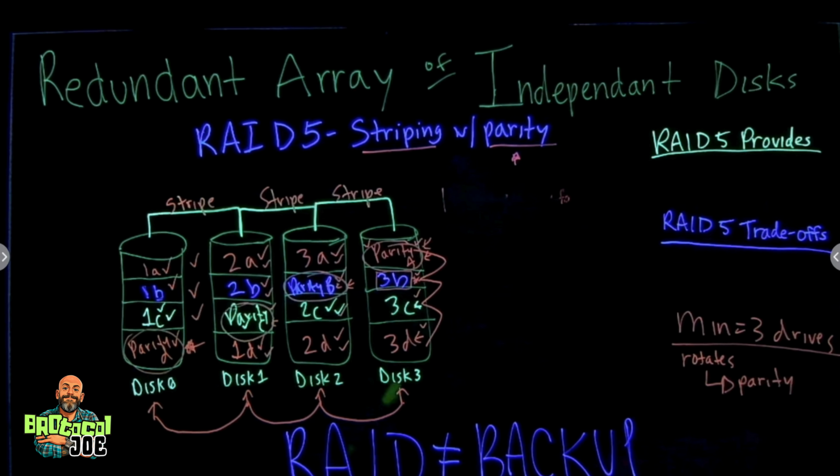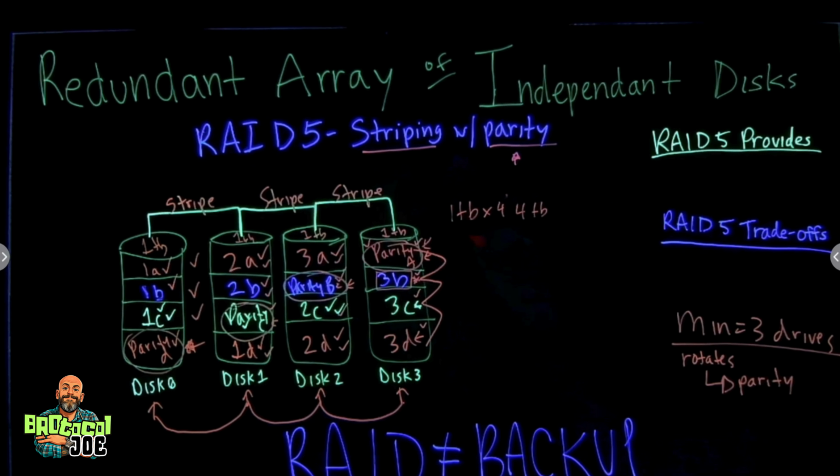Now, here is the storage formula. We have, let's just say this is 1 terabyte. This is 1 terabyte. This is 1 terabyte. This is 1 terabyte. So we have 1 terabyte times 4. We have 4 terabytes of data. Okay, so pretty self-explanatory, but parity does not allow that because you don't have all that usable space when you're using parity.